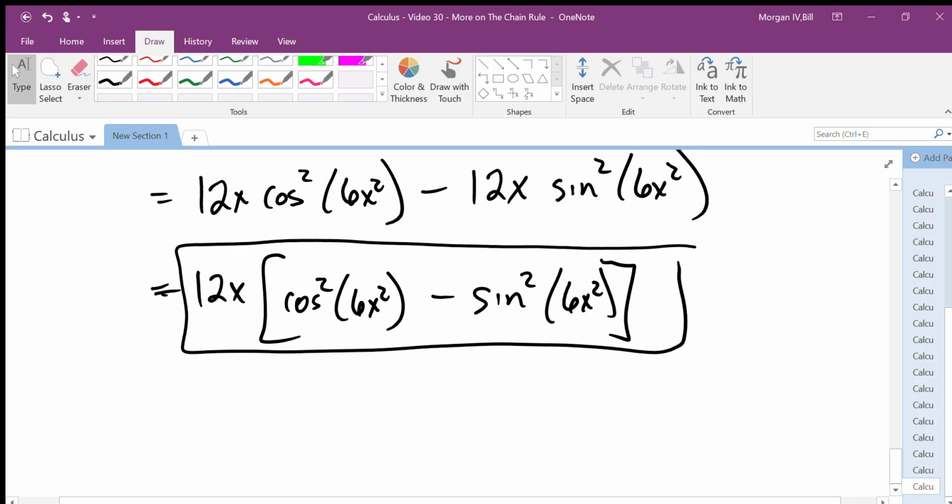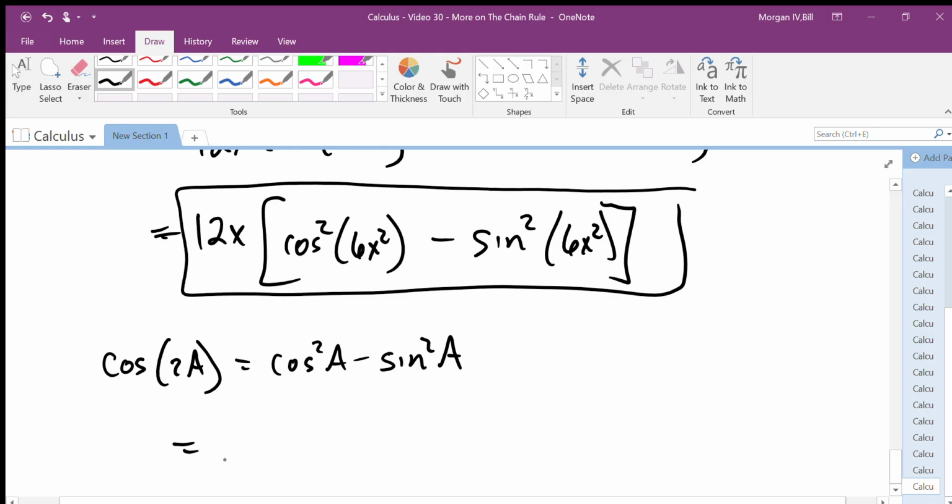We could also use the double angle formula for cosine to simplify this a little bit further. If you remember back from trig, the cosine of twice an angle has three formulas, one of which is cosine squared of the angle minus sine squared of the angle. And that's exactly what we have here, where the angle is 6x squared. So cosine squared of 6x squared minus sine squared of 6x squared is the same thing as the cosine of twice the angle, twice 6x squared.